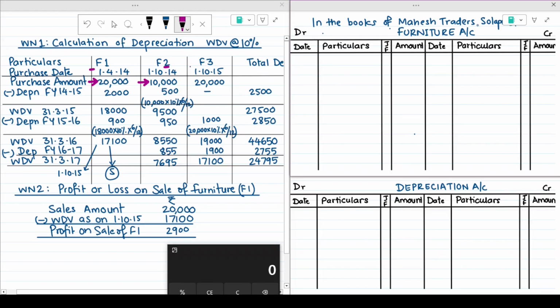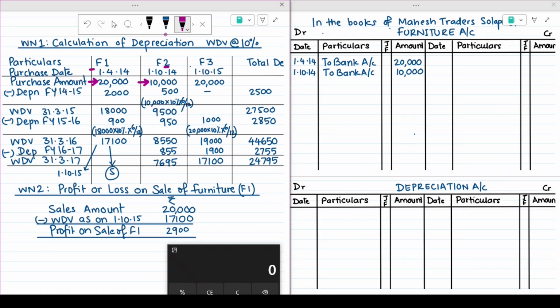So let's pass the entry. 1st April 14, furniture account debit to bank account 20,000, and again on 1st October to bank account 10,000. No other entries are there other than depreciation. Then we'll pass a depreciation entry. 2,000 plus 500, we have this total 2,500.